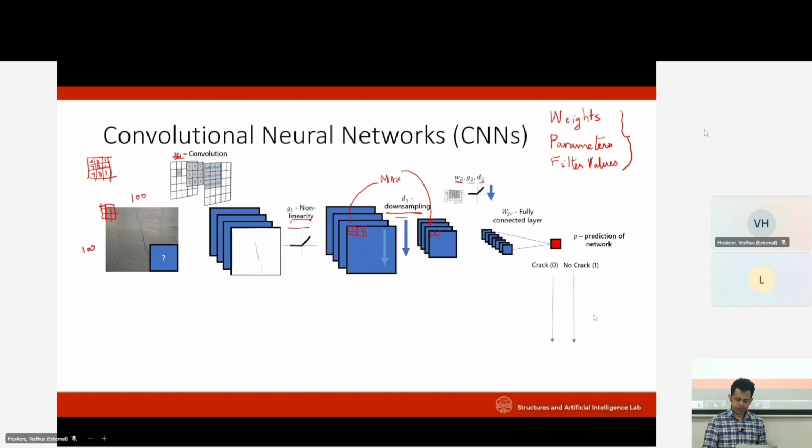So our goal is to get the prediction of the network to be the same as what is in our ground truth. So if I have some data set label, right, I have each image given a label 0 or 1 based on whether or not it has a crack, then I want my CNN to predict the same thing.